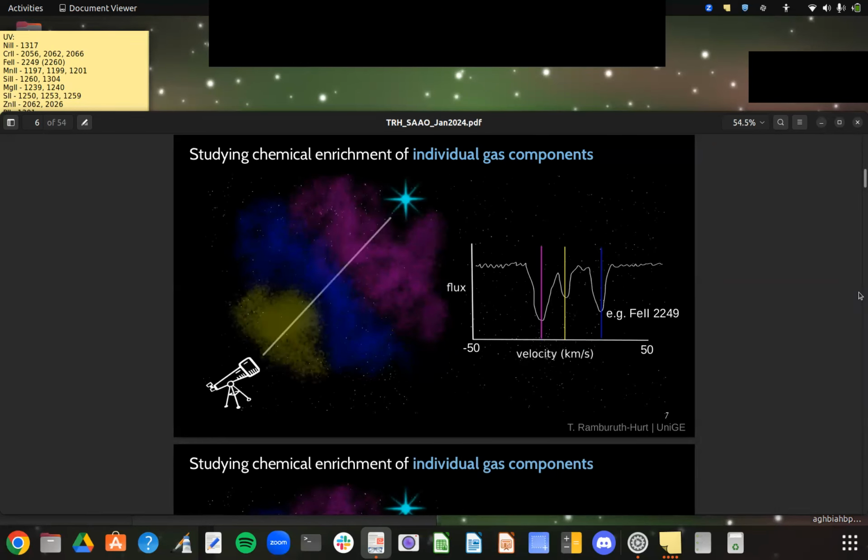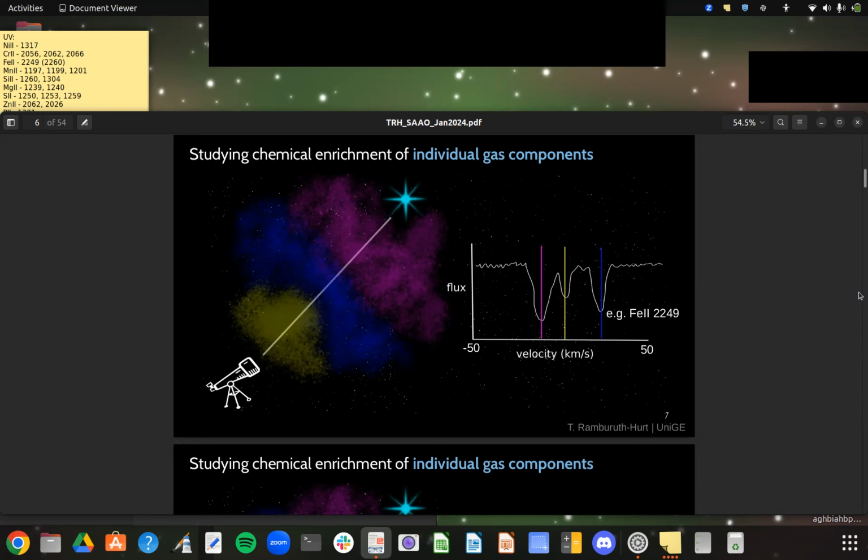And then further, if we have very high resolution spectroscopy, we are able to study individual gas components along this line of sight. This is just a loose sketch where we have the bright background source traveling through, say, 3 different gas components or gas clouds along the line of sight, each potentially with different chemical enrichment properties, but defined by having different velocities.